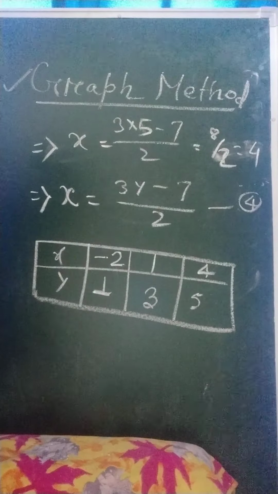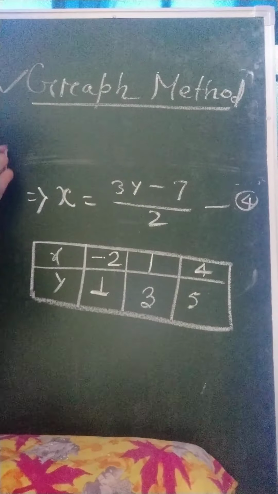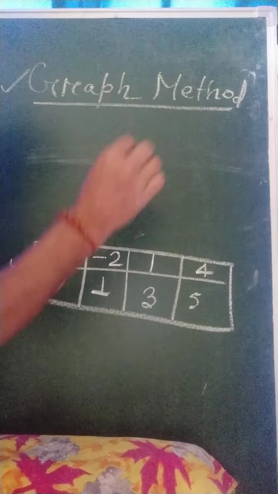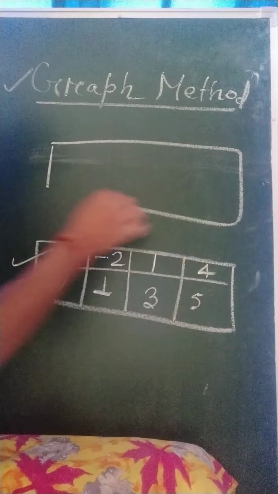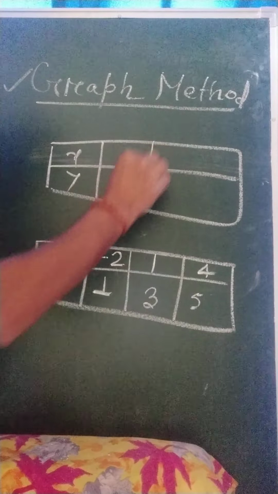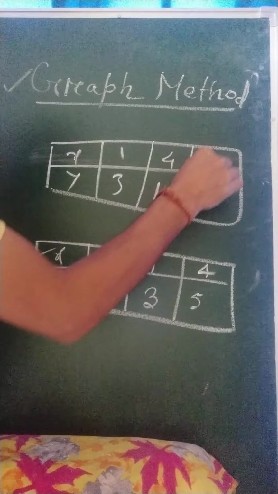So we can find the values of x and y for the table number 2. This is the table number 2 which is ready for us, and we had the table number 1 there in the previous part, that is x comma y. And it was 1, 3, 4, 1 and 7, minus 1.